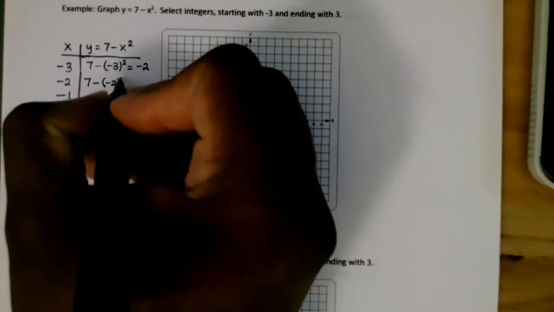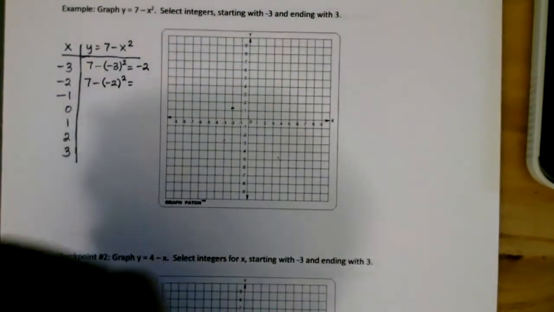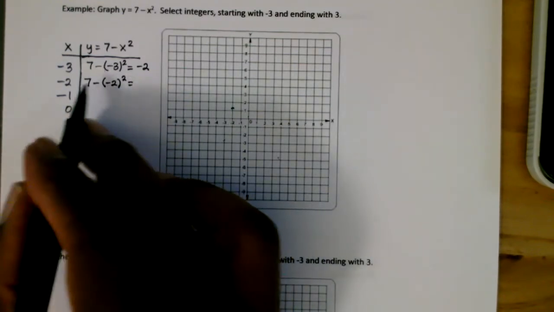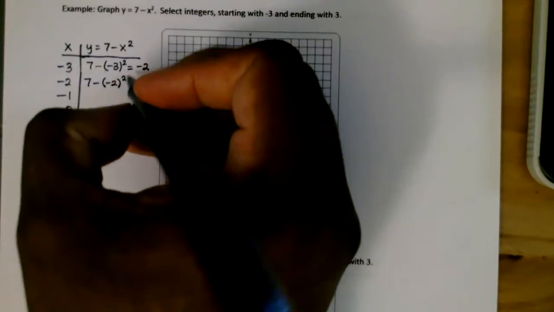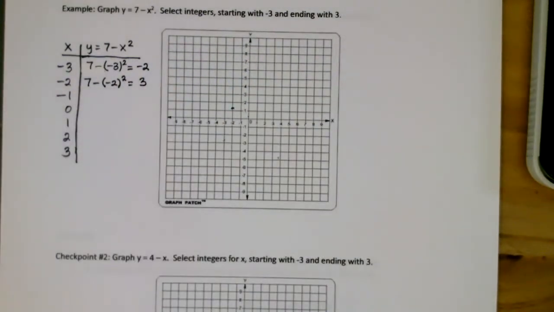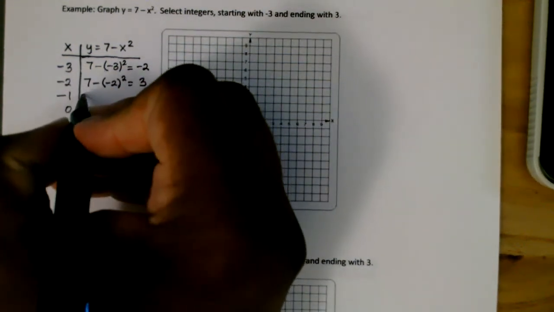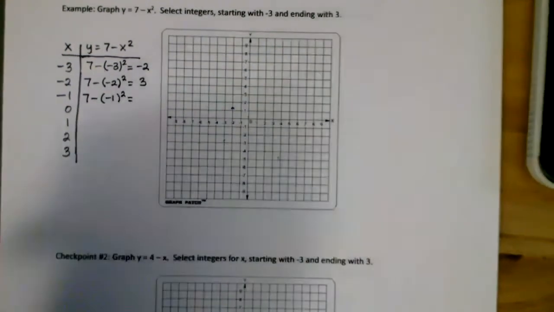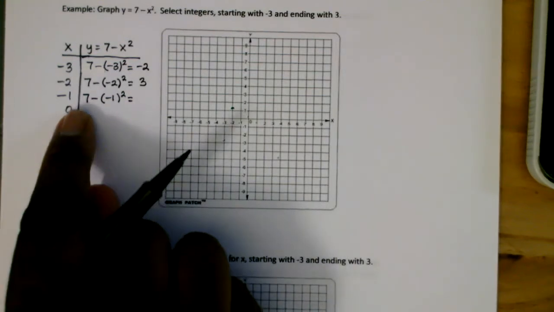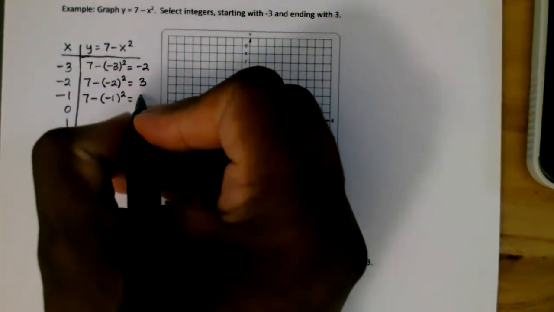So I have 7 minus negative 2, and that's squared. If I square negative 2, that's going to be positive 4. 7 minus 4 is 3. And then for x equal negative 1, this will be 7 minus negative 1 in parentheses, and that's squared. Square the negative 1, that will be 1. 7 minus 1 will be 6.